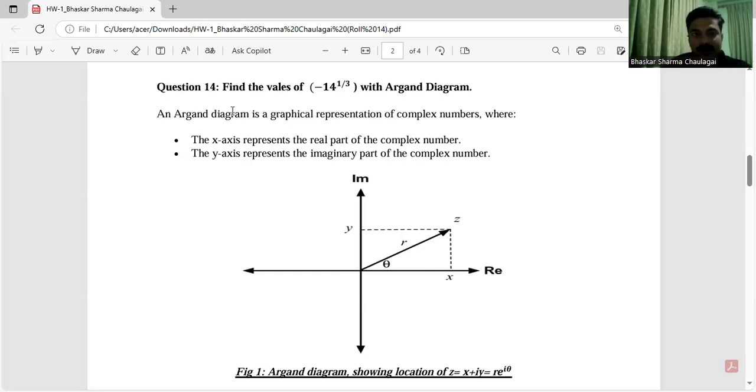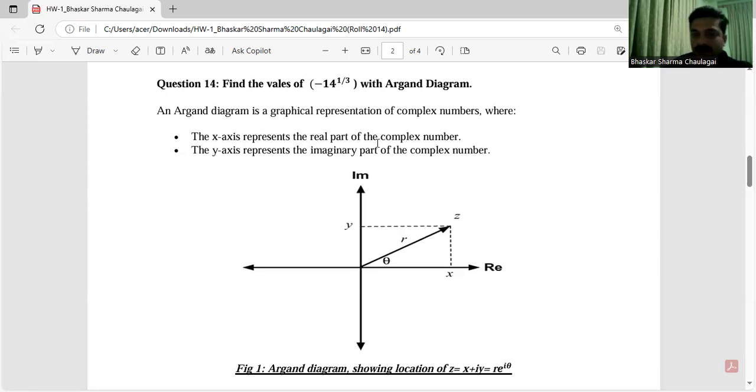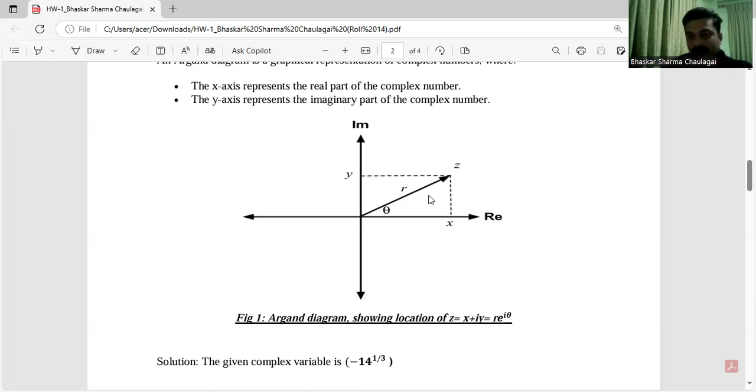An Argand diagram is a graphical representation of a complex number where the x-axis represents the real part of the complex number and the y-axis represents the imaginary part. In the figure you can see a point z is plotted, and the value of z is x plus iy. So x comes under the real part and i times y comes under the imaginary part.